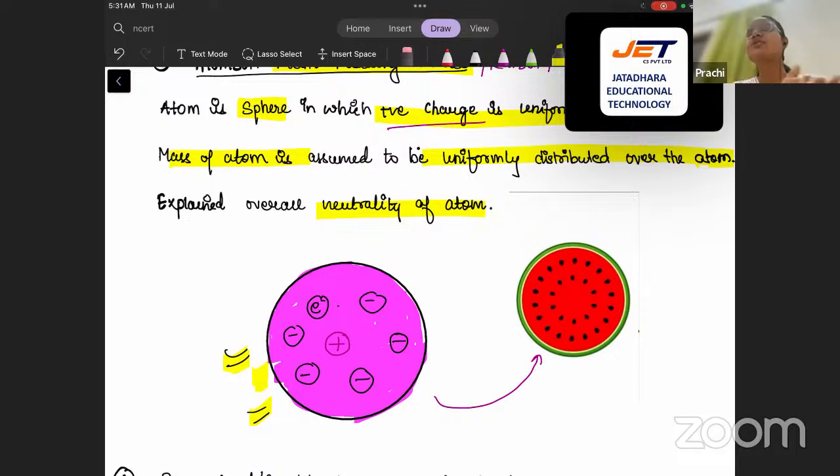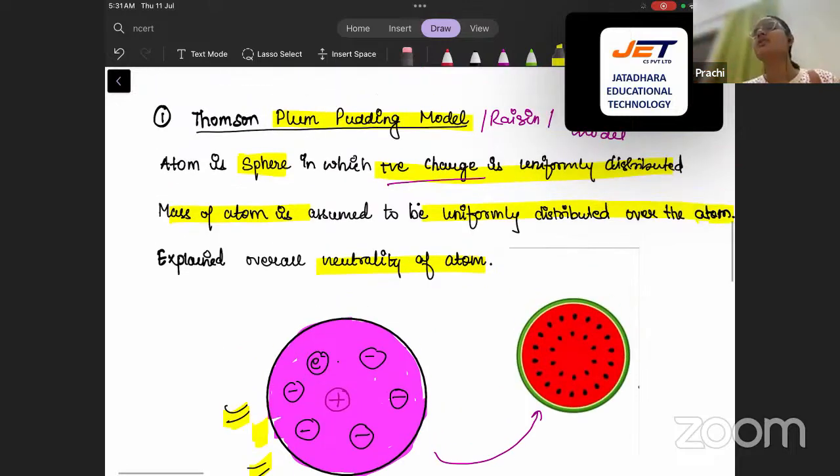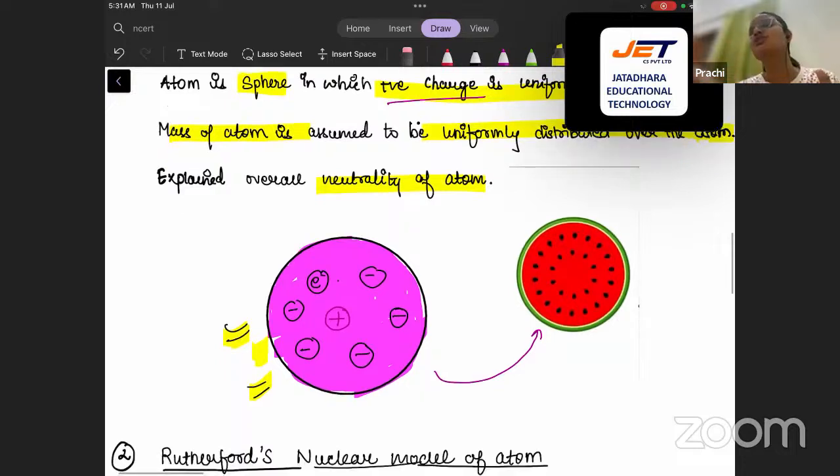Before this, what was known was that everything consists of atoms, and we can't break the atom further into smaller particles. But once he discovered the electrons and gave this picture of the atom, people knew that yes, the atom consists of a positive matrix, and in that we have the negative charge, right?